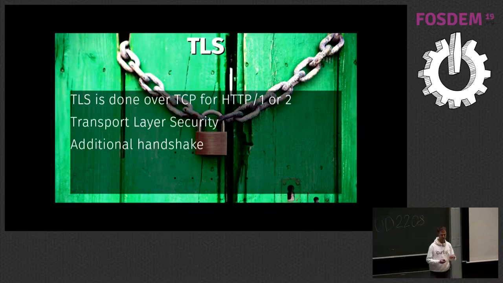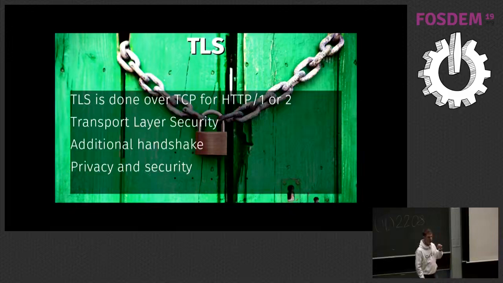With TLS 1.3, they fixed it, so it's actually not that many back and forths. But anyway, it's additional handshakes on top of this. And when using TLS and HTTPS, we get both privacy and security. We actually know that we're talking to the right server, and we know that nobody can eavesdrop on your traffic, so nobody can snoop on what you're doing. So that's what we like with HTTPS, right?